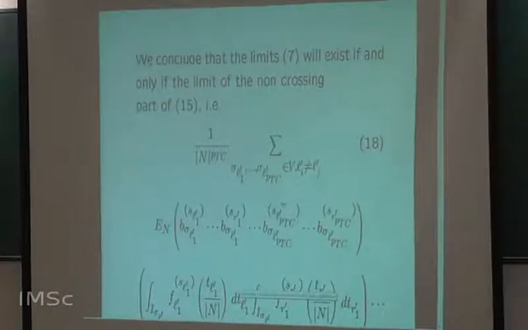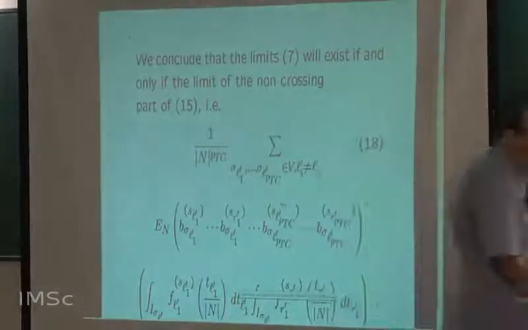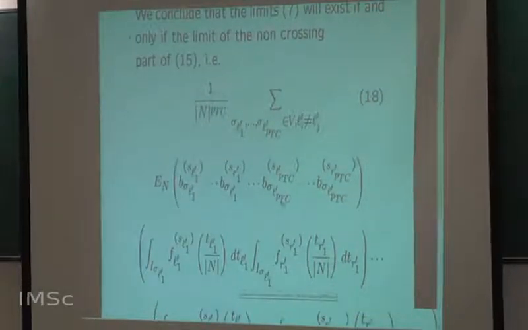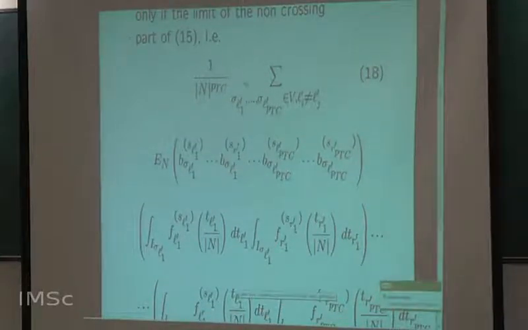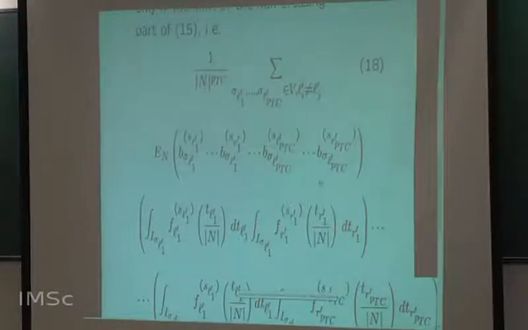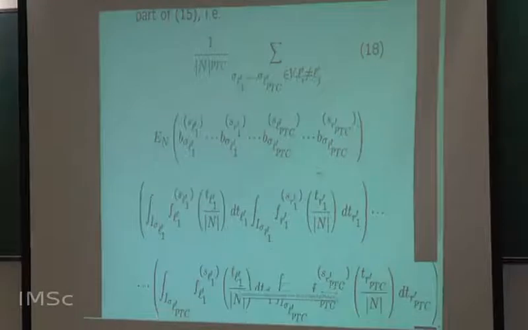So, since the limit of the non-crossing part exists, now we have proved the main statement, that the central limit of the 2p moment will exist if and only if for every totally crossing pair partition, this limit will exist.